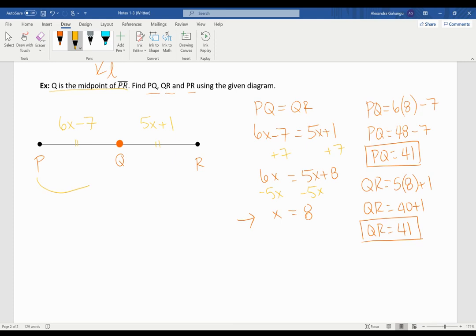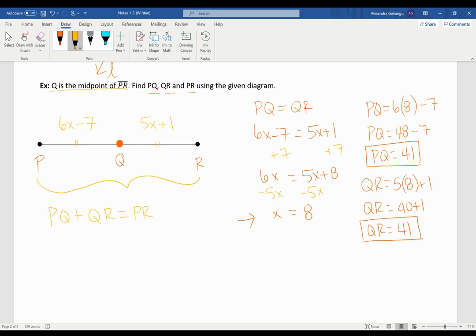We have to remember that PR is this whole. And when we have a segment and it's cut up into 2 equal parts, we know that the part plus the part should equal the whole. So PQ, the part, plus QR, the part, should equal the whole PR.